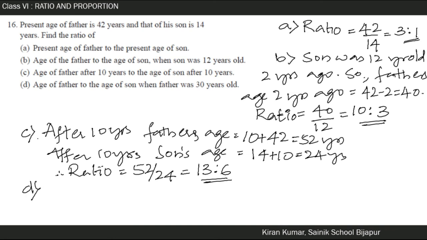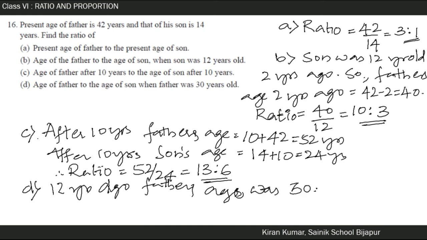In the fourth question, age of father to age of son when father was 30 years old. It's very clear that 12 years ago, father's age was 30.